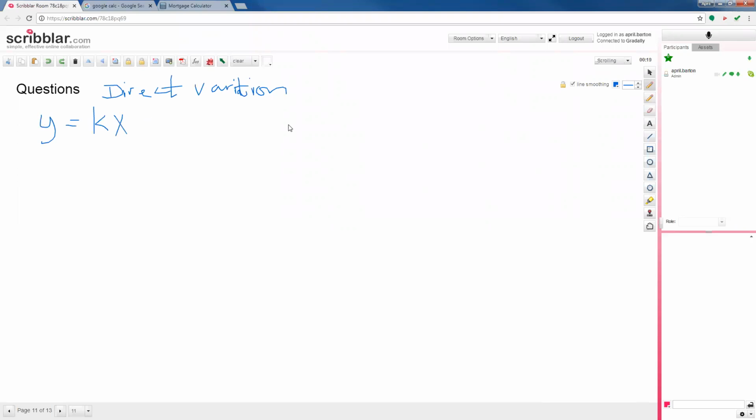And it's a specific line in that when it's graphed, it always goes through the center. It can be tilted or turned another way, but it's got to go through the center. As soon as the line's not in the center, that's not direct variation.